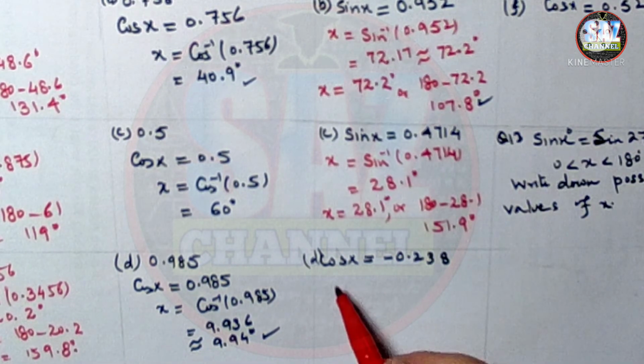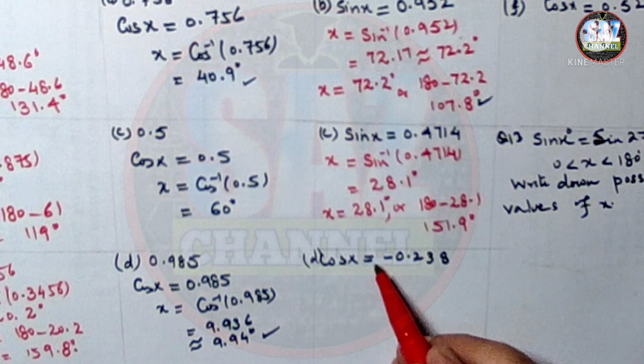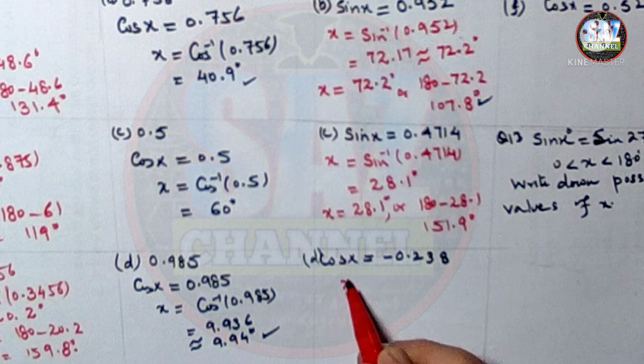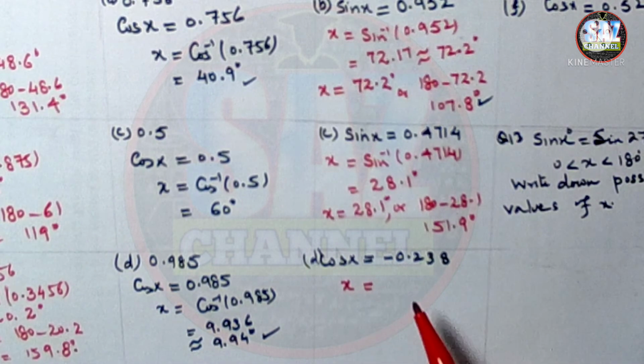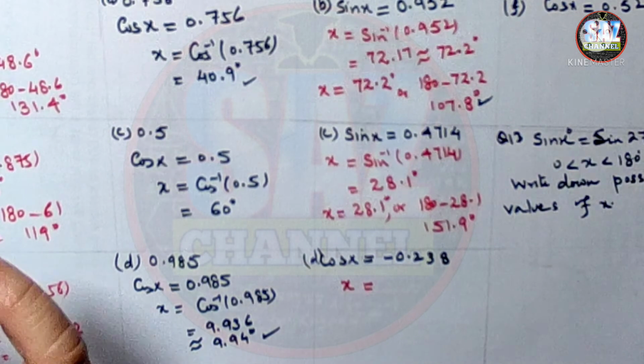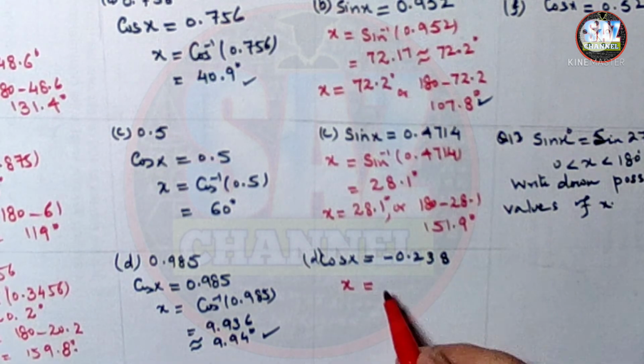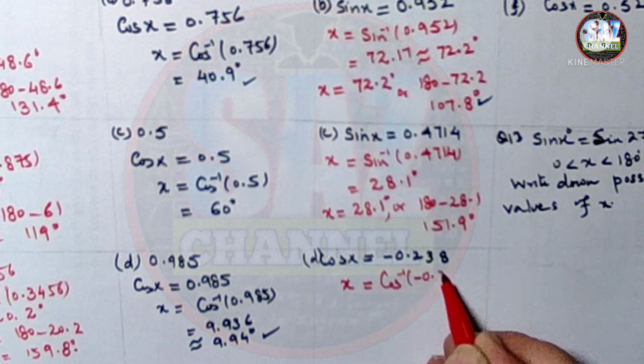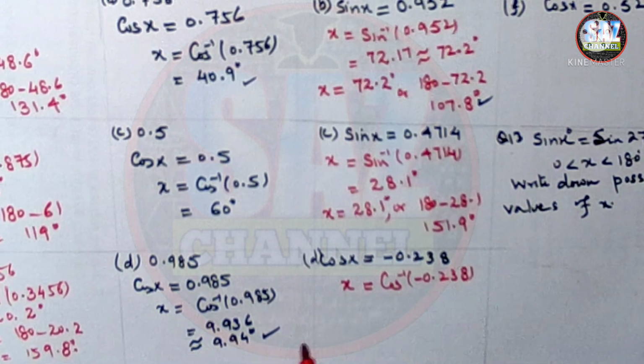Moving to the next part, cos of x equals minus 0.238. This minus sign is special. If I take the inverse cos of positive 0.238, that will give me an acute angle. But as the question is given with the negative sign, let's perform the calculation with minus 0.238, cos inverse of minus 0.238.